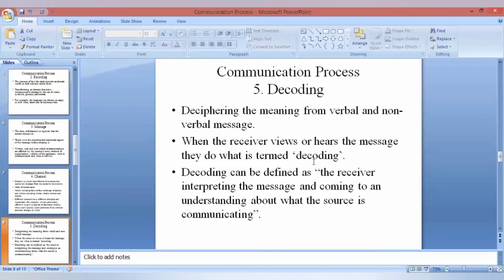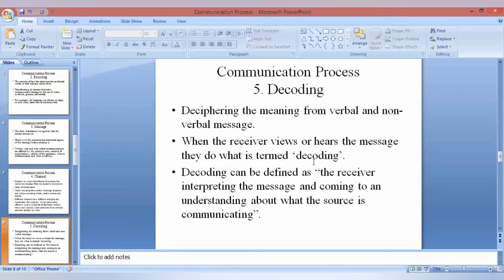It is interpreted. In other words, decoding is the process of interpreting the message so that the meaning in the form of words and non-verbal signals is derived and understood.